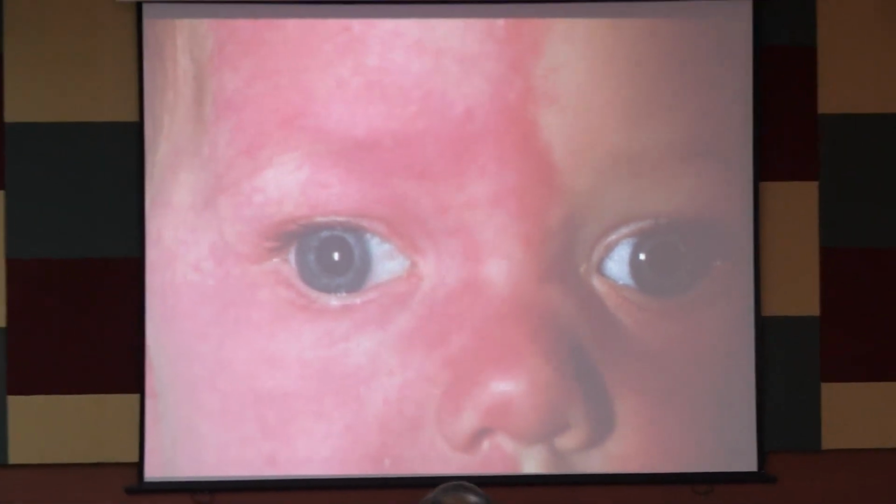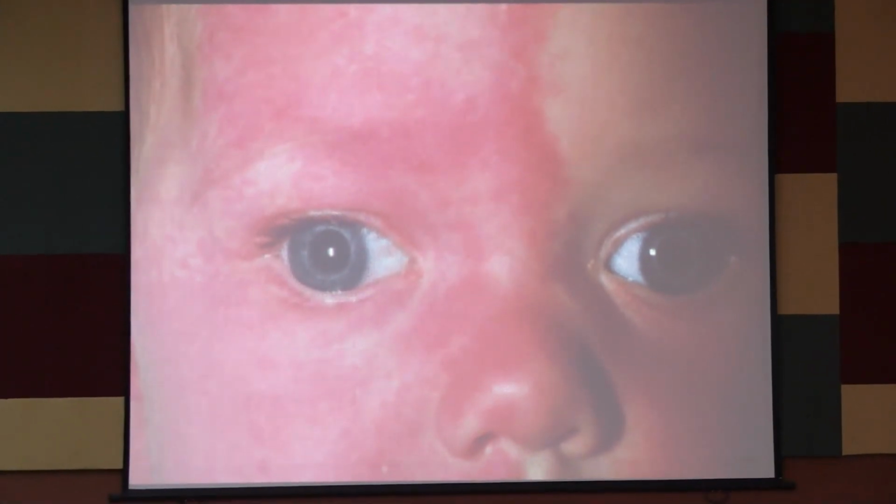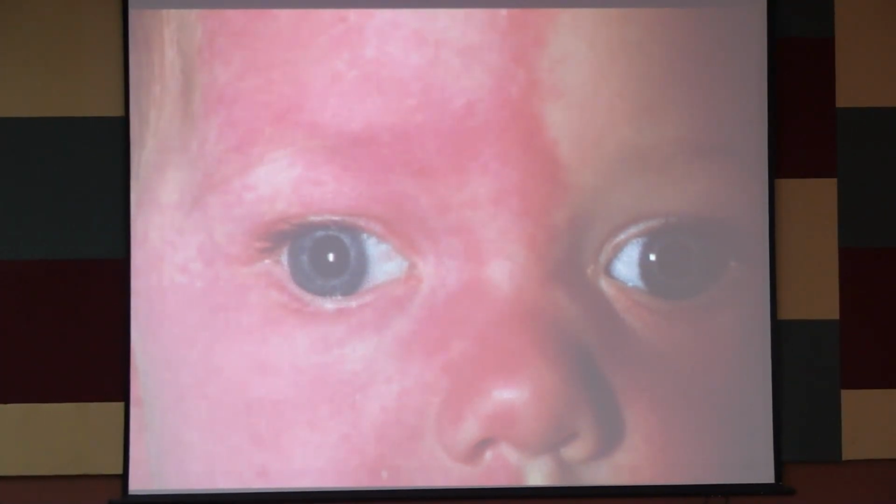You see the child, the baby. One side of the face is red, and there is hemangioma. In this baby, if you examine the brain, you see the tram-line type of calcification inside the brain. This is called Sturge-Weber syndrome.